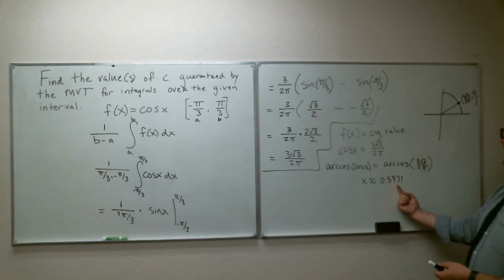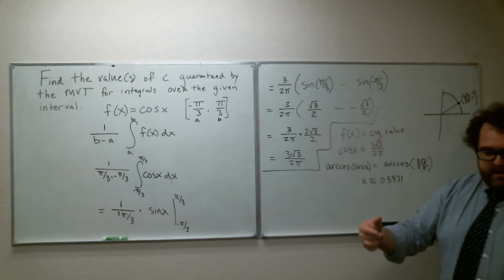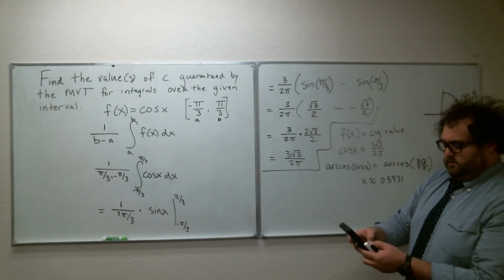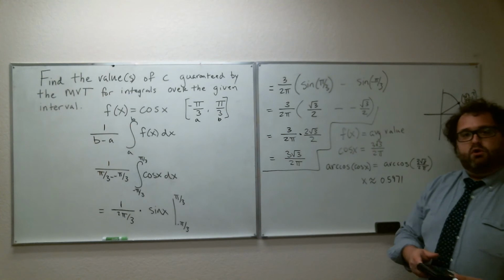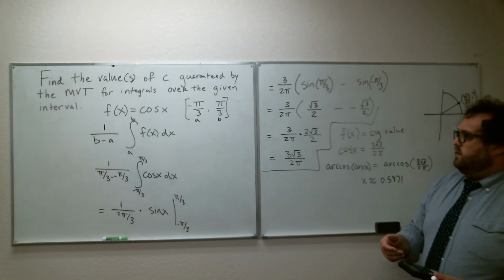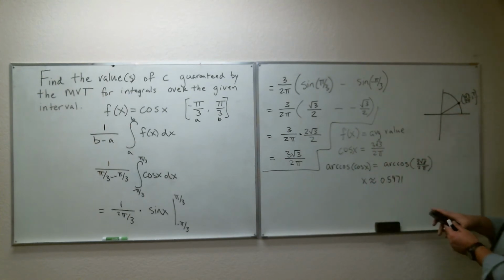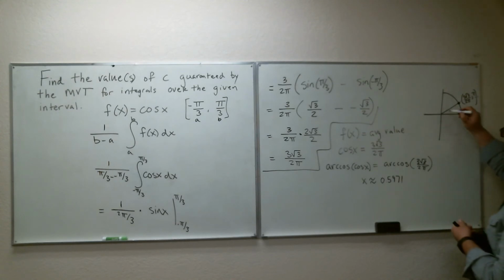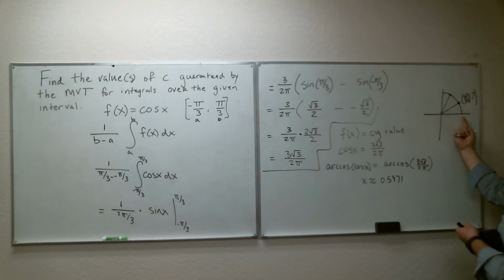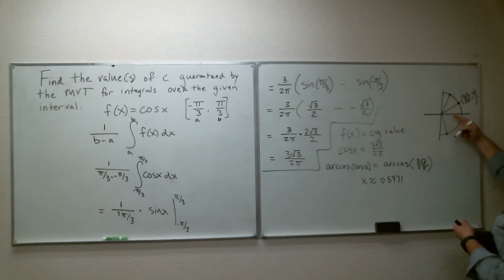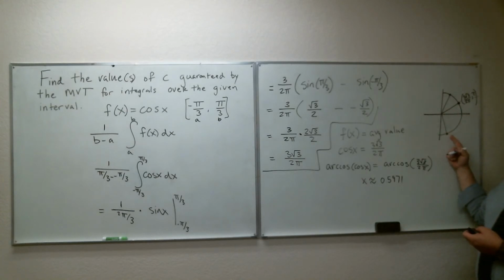If there's one angle, pi over 3, let's see, pi over 3 is approximately 1.047, okay? So pi over 3 is up here. So there's positive pi over 3. Negative pi over 3 is this angle over here.